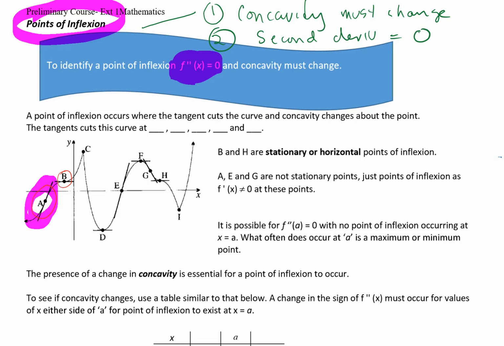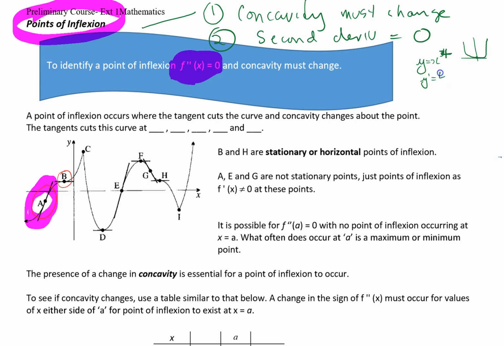I can show you examples where the second derivative is equal to 0, and that happens on y equals x to the fourth. Y equals x to the fourth is a very flat-based parabola. It has a turning point at naught.